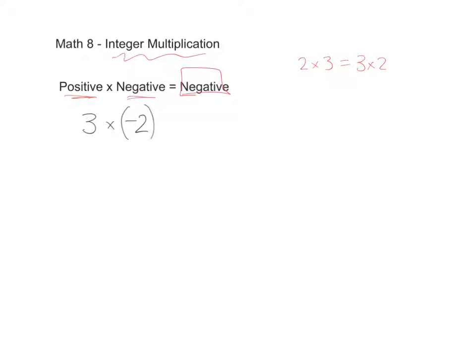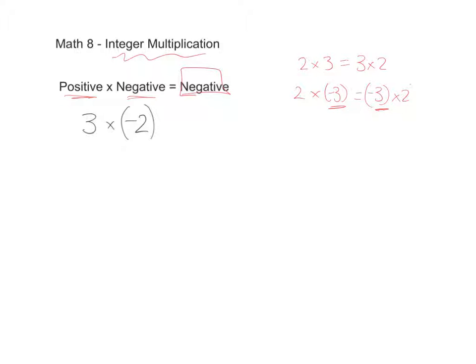So if you had a positive 2 times a negative 3, it's the same as the negative 3 times positive 2. It doesn't matter if the negative's the first one or the second one, you'll get the same answer. So a positive times a negative, or a negative times a positive, gives us a negative answer.